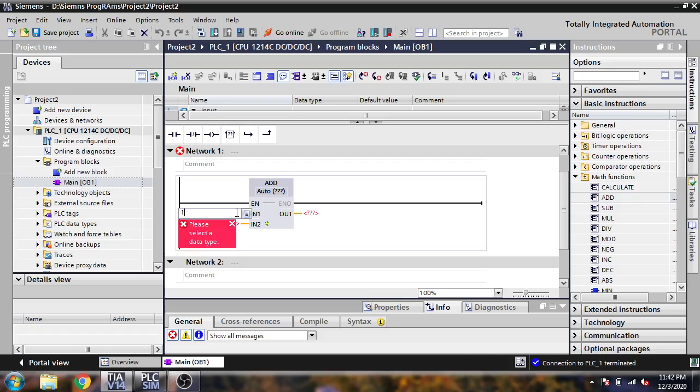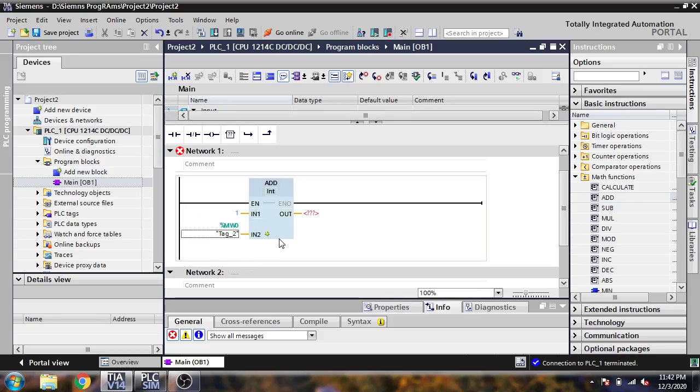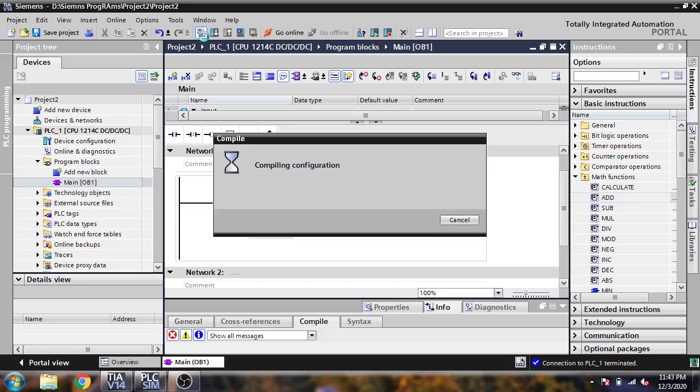Now I am going to use an Add. I use one there, two there, and now I am going to select integer. MW0 I am going to use there, and MW2 I am going to use there. Now I am going to compile that.